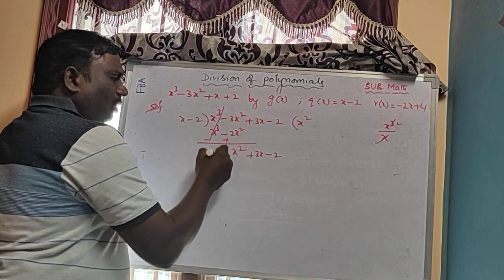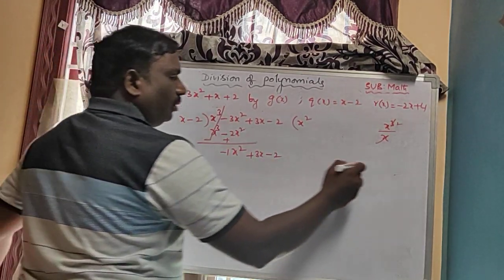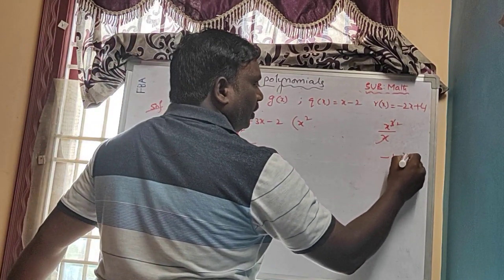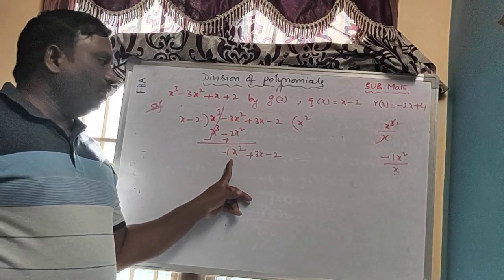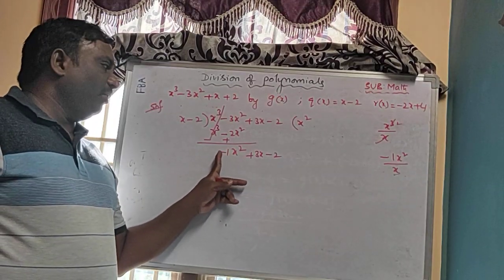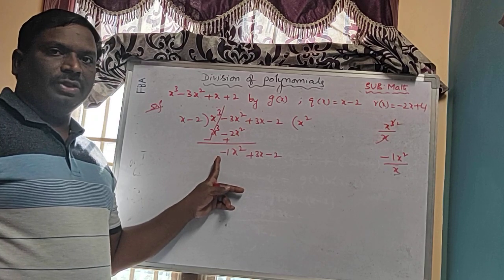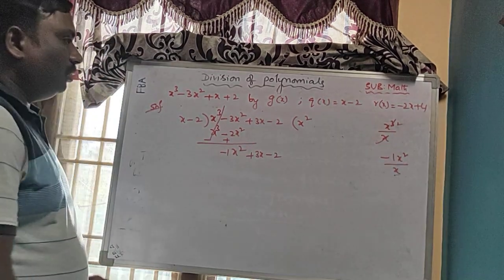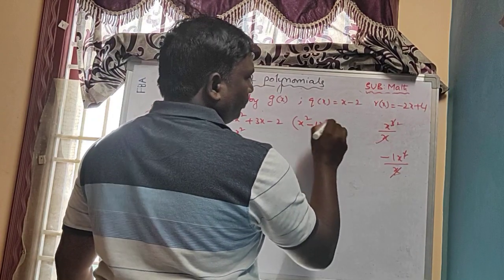Now similarly, this first term divide with this term, minus 1x square by x. Identify here, when you are taking this term, definitely you have to take it along with the symbol also. So minus 1x square by x, minus 1x.